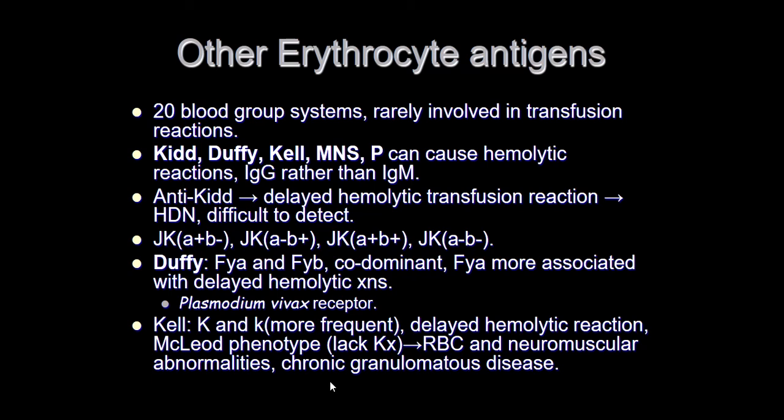Could be associated with the chronic granulomatous type of disease, for example. So the genetics of the minor blood groups, there is an association with the chronic diseases that sometimes it's so important to know.